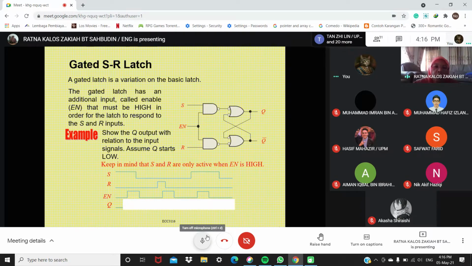Okay, so now you look at here, enable here. Enable is high. So at this point, which is from low to high here, this is the positive edge. We call it positive edge. You see here? You can use your ruler. Then you look at here. S is high. R is low. So what is Q at this point?